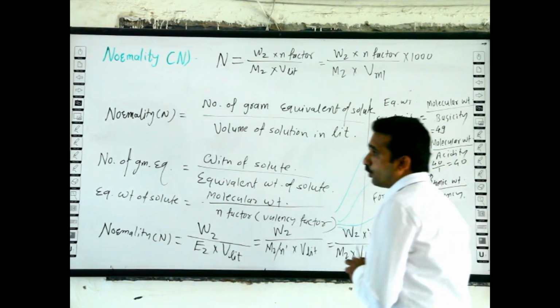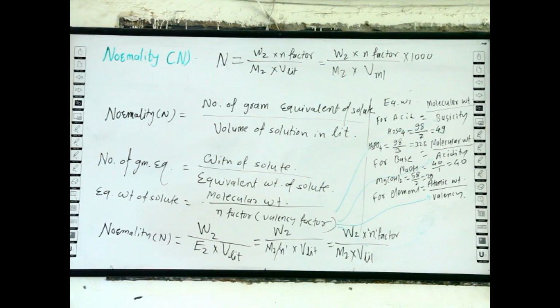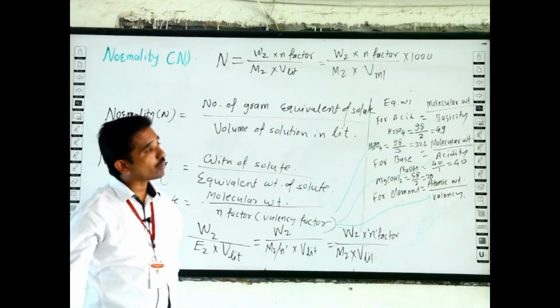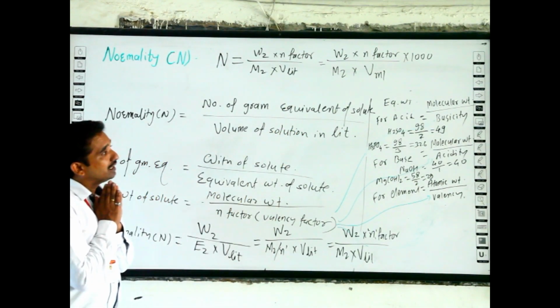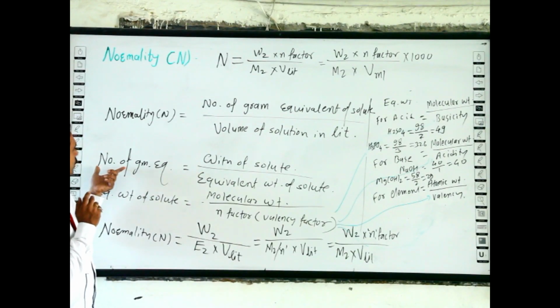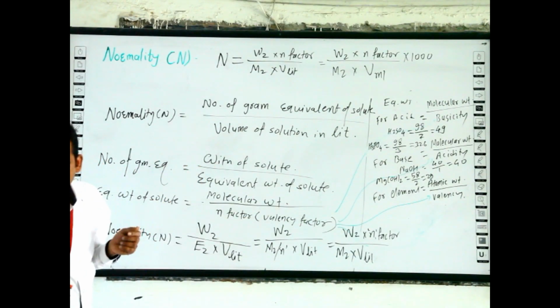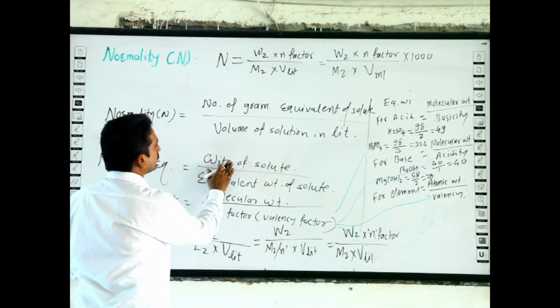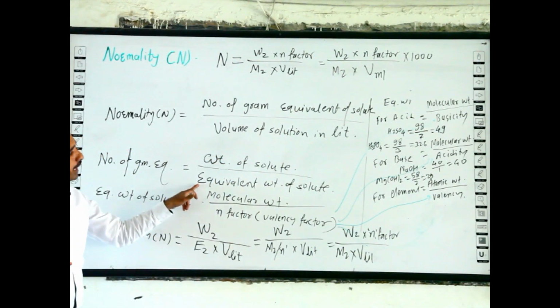Thus, how will you derive the formula? Normality N is equal to number of gram equivalents of solute over volume of solution in liter. Number of gram equivalents, we will expand the formula: weight of solute divided by equivalent weight of solute.